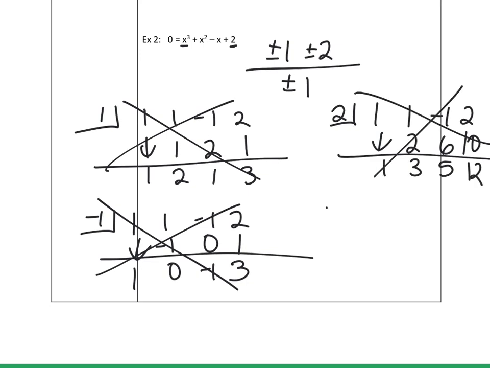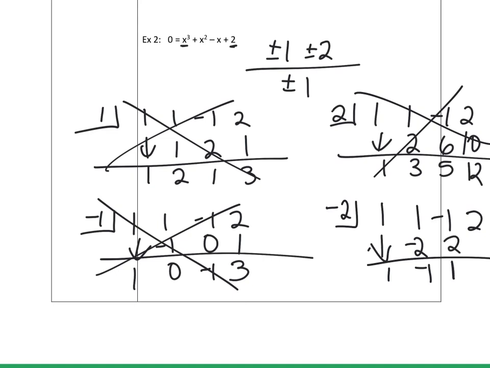Two doesn't work. And we've got -2 left. Probably going to work. And it does. Okay, perfect. -2 is a factor. That's what I needed, okay?